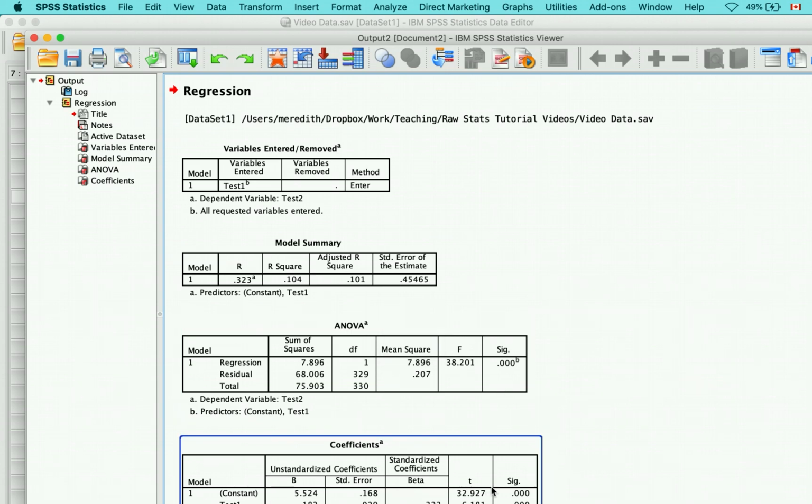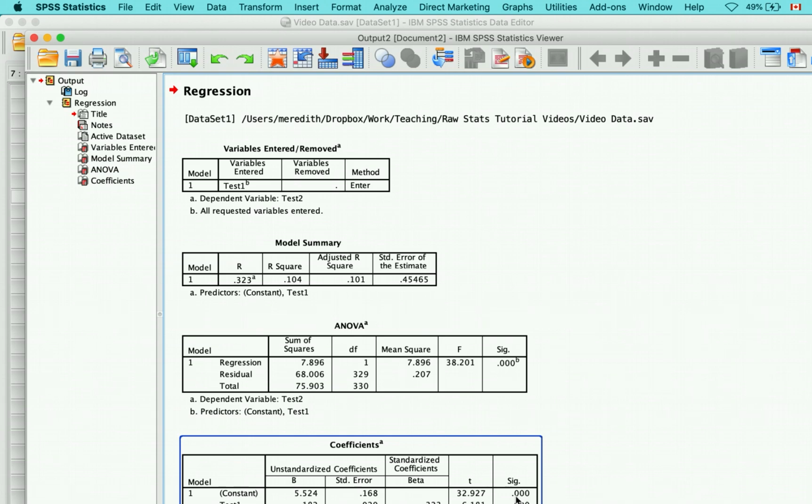And then finally, this last table here lets us look a little bit more at exactly what's happening. So if you recall, the intercept value is on the first row, and then the slope value is on the second row. We can see based on these significance values here that both of these numbers, 5.524 and 0.182, are different enough from 0 to be meaningful.